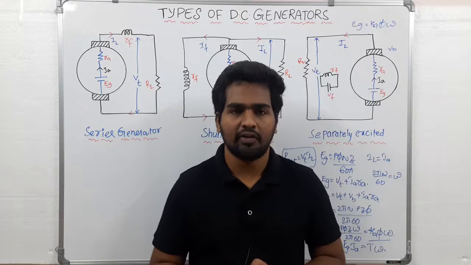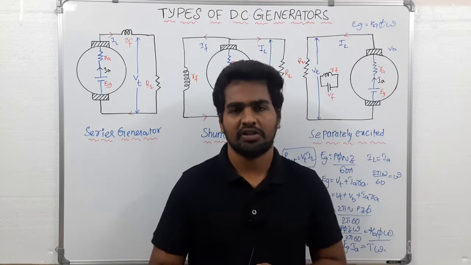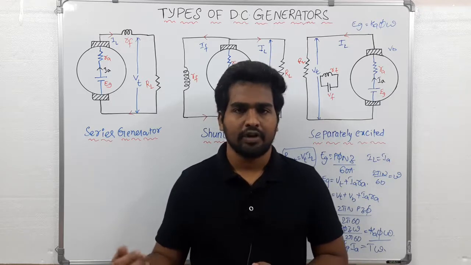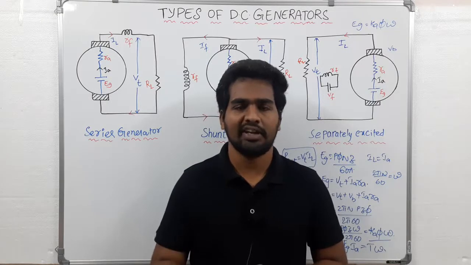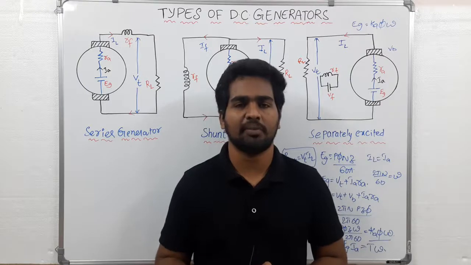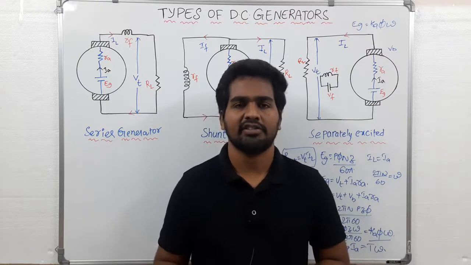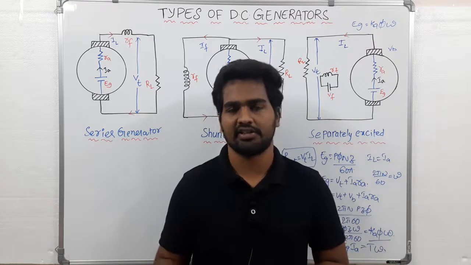Or if the field winding is more resistive, then the machine fails to build up voltage. And if load resistance is less than the critical value, then also the machine fails to build up the voltage. These three are the important terms: residual flux, field flashing, and critical values, that is critical speed and critical resistance.